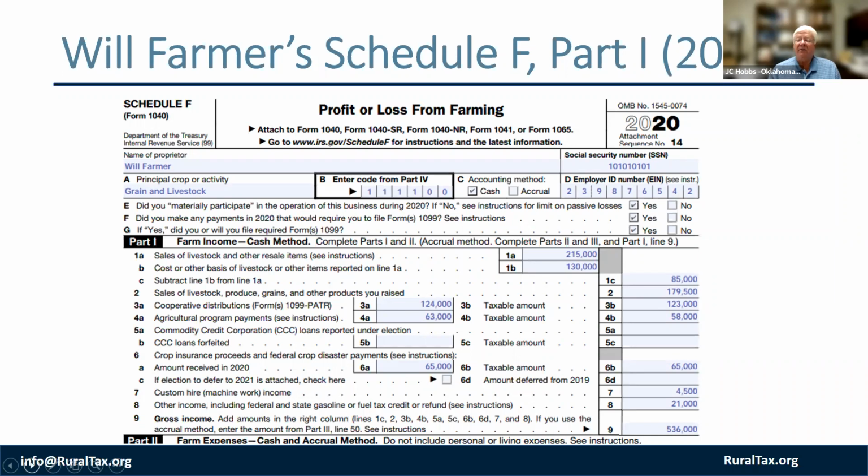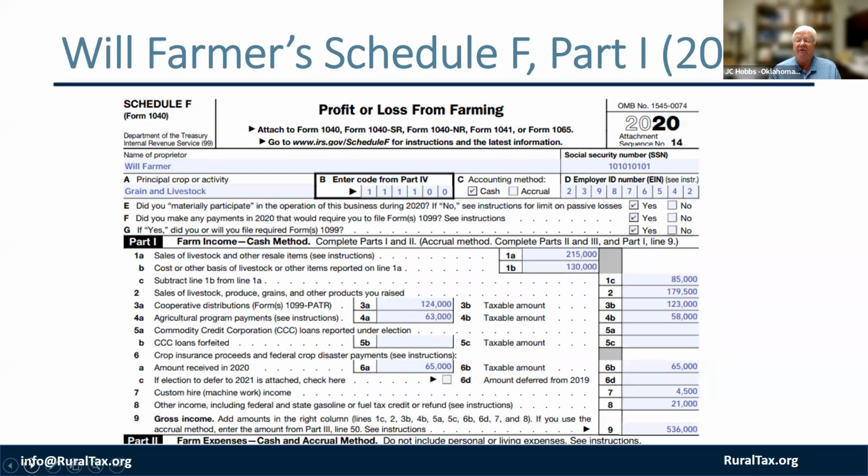The ag program payments, we did the same thing. We had a market gain, 5,000. Consequently, the total amount was 63. The taxable amount's 58,000. Our production was less, so we had no commodity credit loans that came into play. So 5A and 5C are blank. Crop insurance, a little larger amount due to the production problem, 65,000.